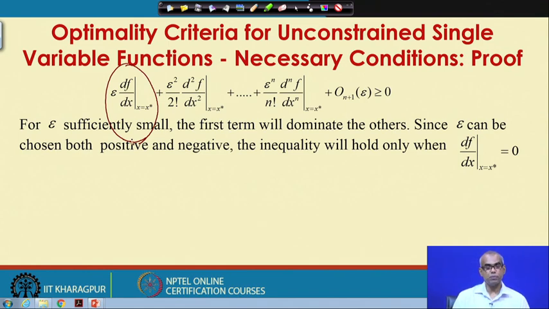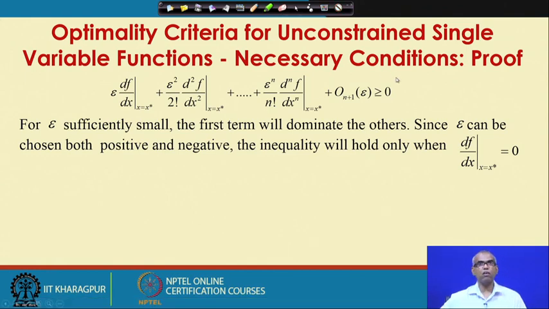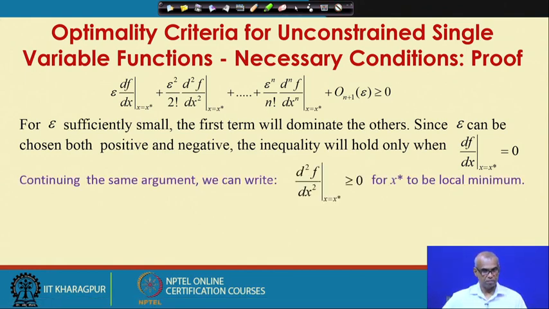The first term has epsilon and df/dx. Now, choice of epsilon is arbitrary because it can be positive as well as negative. So, to force this entire expression greater or equal to 0, we must set df/dx evaluated at x star equal to 0, and that gives you the first order necessary condition for optimality.